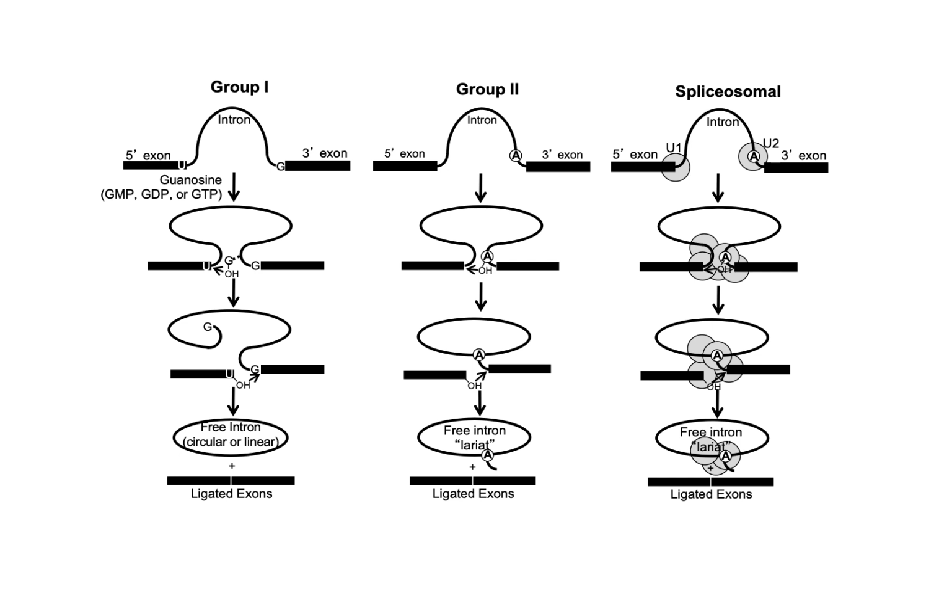Here are the 3 general mechanisms for group 1, group 2, and spliceosomal introns. In the case of group 1, there's normally a conserved U at the 5' intron exon border and a conserved G within the intron at the 3' intron exon border. And then you can add GMP, GDP, or GTP, free guanosine, and that becomes covalently bonded to the 5' end of the intron, freeing the 5' exon.